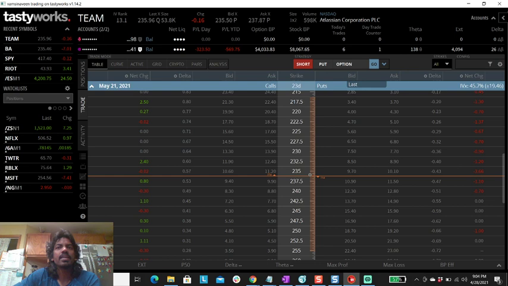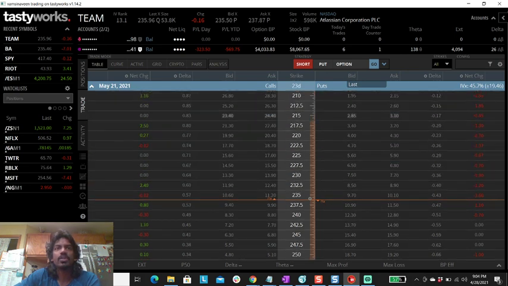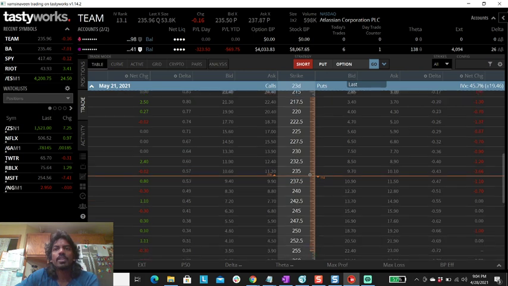So here's the chart right now. It's at 235. If you wanted to be long on it, which means you think that the stock's going to go up, you could also buy a call option that's above the stock price. So instead of buying, for example, 100 shares of Atlassian, which is at 235, it would cost you $23,500.